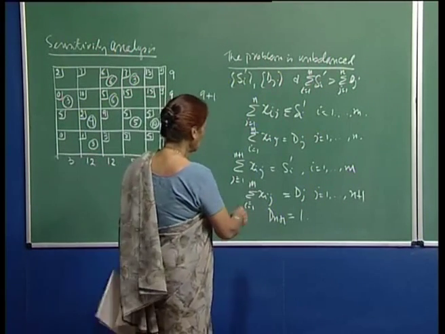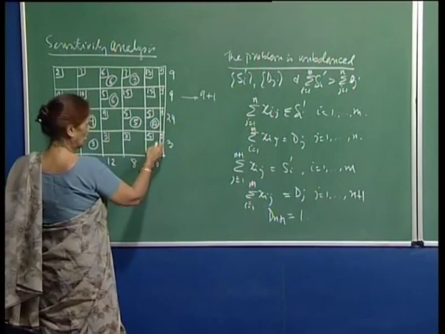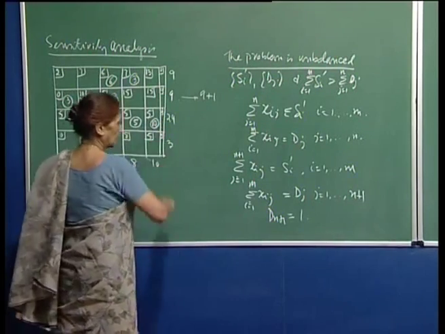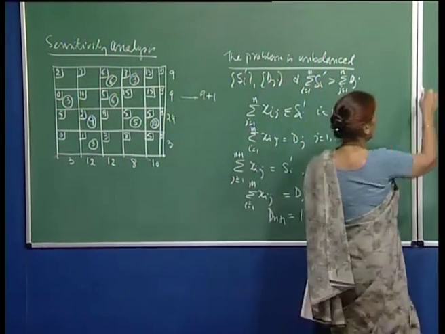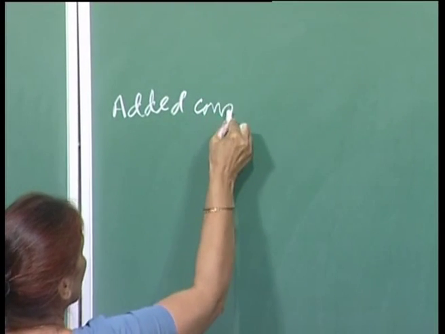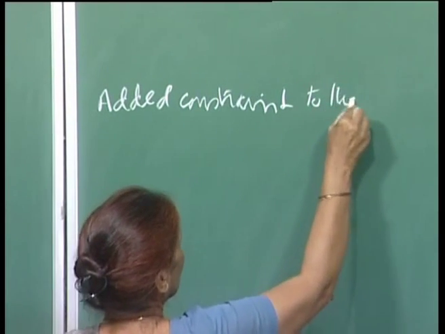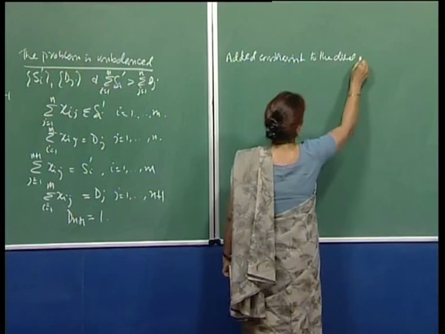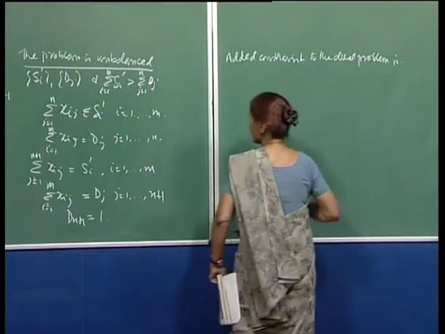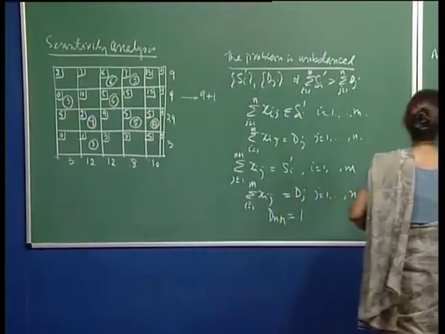Now you can see that this market, this column, is the new column. So, in the dual problem you will simply have constraints added. Since one column has been added, you can see it from here also, but I will quickly do it this way.